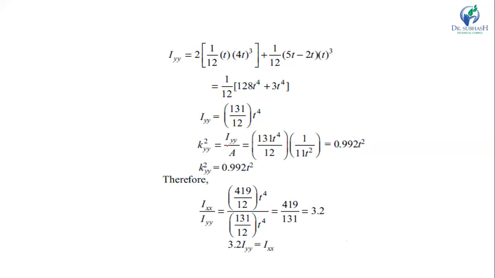Now we know that I is equal to Ak square. So k square yy is equal to Iyy upon A. Iyy is as found, and area is equal to 11 t square. So therefore you will find k square yy is equal to 0.992 t square.